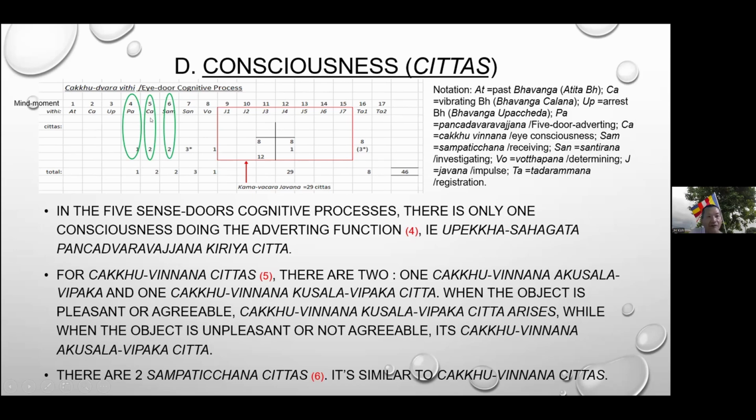So if the Cakkhu-vinnana is Akusala, then the Sampaticchana will be Akusala. Similarly, the Santirana will also be Akusala. These three, the Cakkhu-vinnana, Sampaticchana, and Santirana, will follow suit because of the object. If the object is pleasant, then Cakkhu-vinnana will be Kusala, the Sampaticchana also Kusala, and the Santirana also Kusala. This is how the Citta Niyama works.